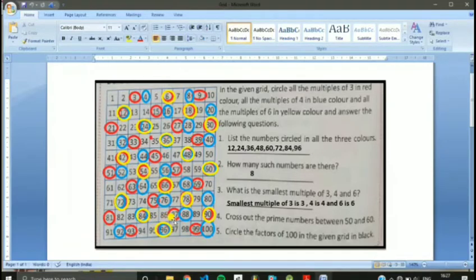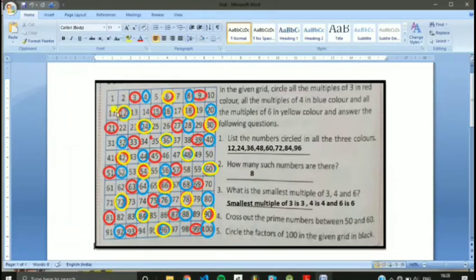Next, 87, then 90, then 93, then 96. And lastly, moving 3 more numbers, it is 99. All the red colors are considered multiples of 3.